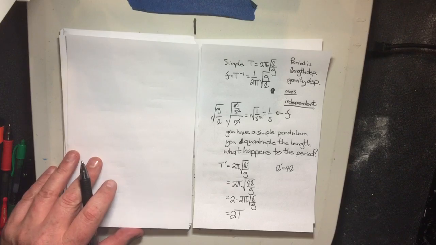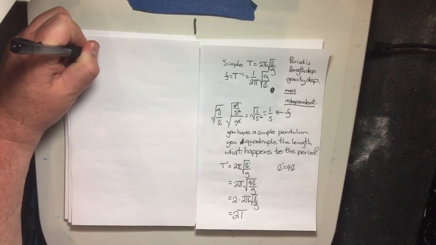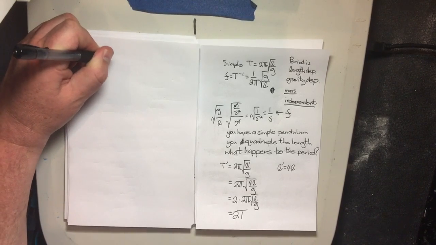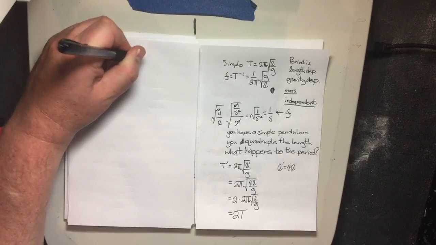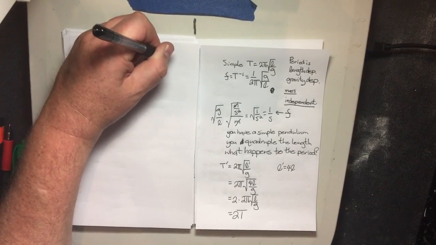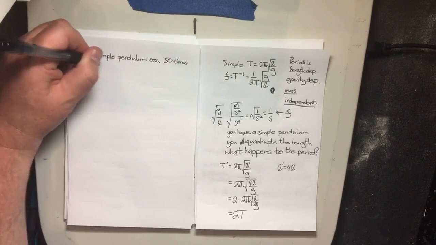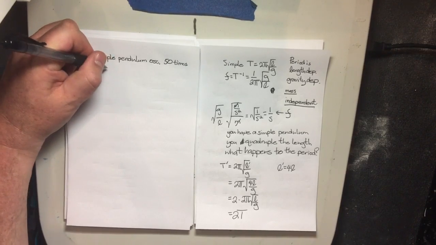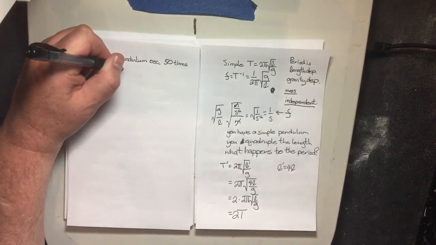So let's say we had a simple pendulum that oscillates 50 times in 150 seconds.